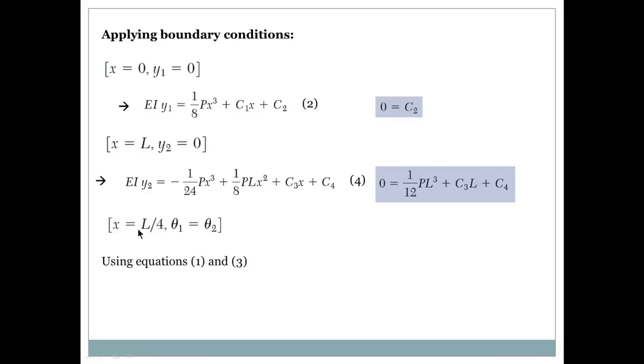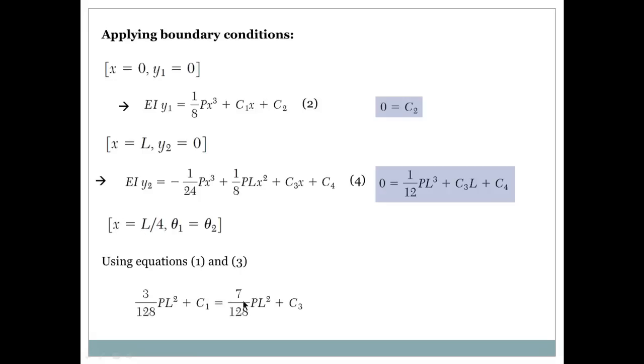Now at x equals L over 4, we have 2 equations that are equal to each other, theta 1 and theta 2, which are equations 1 and 3. If you look back at the like a minute ago, I listed all the equations for you. So we set these 2 equations equal to each other, and at the same time substitute L over 4 for x.